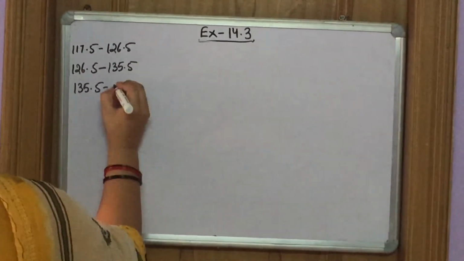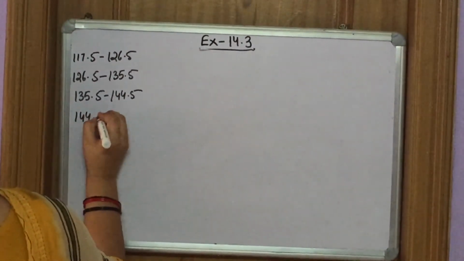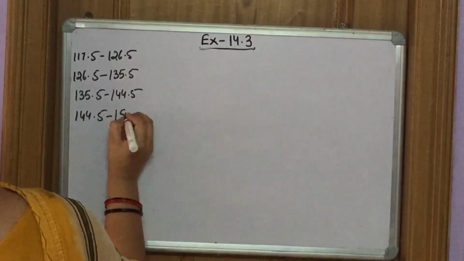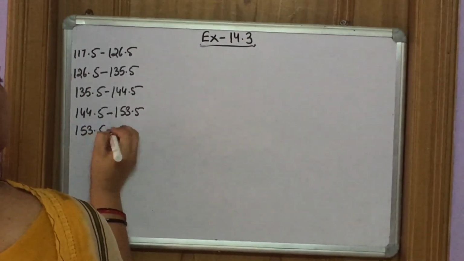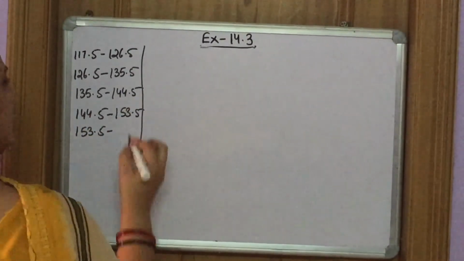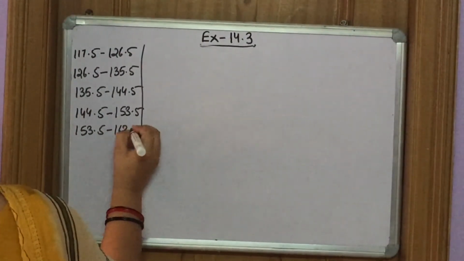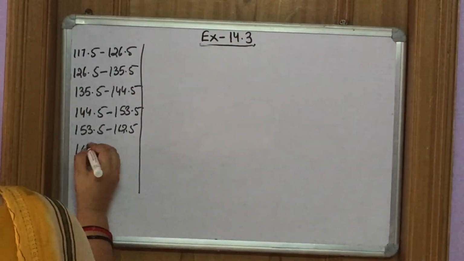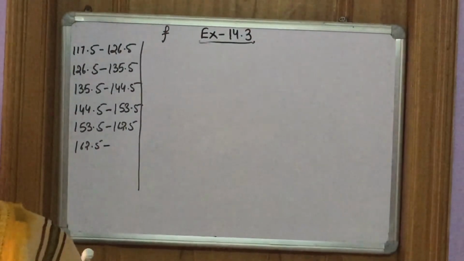In the next, 144.5. 144.5 and 153.5. So by this method we can change the upper limit and lower limit because we have to make the upper limit and lower limit the same. This column will be frequency.